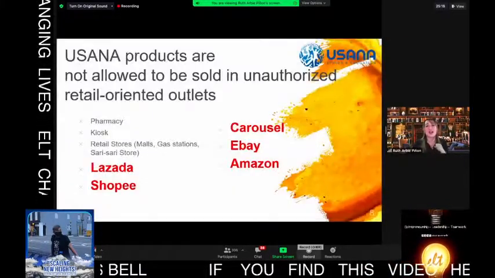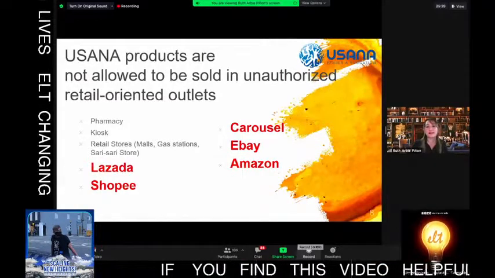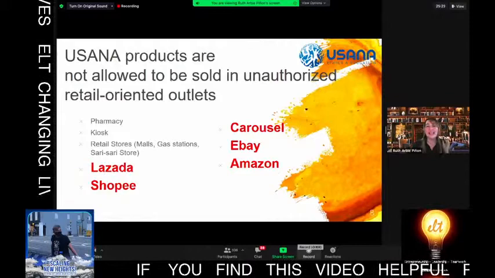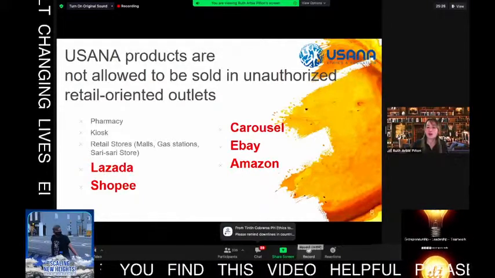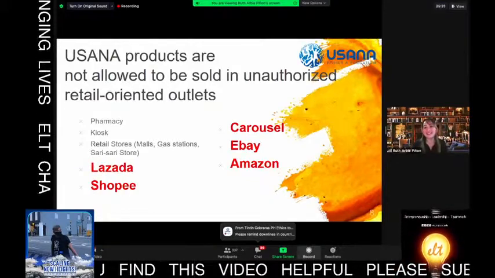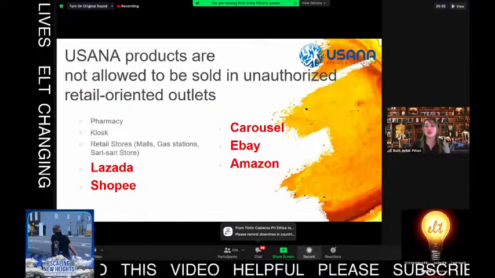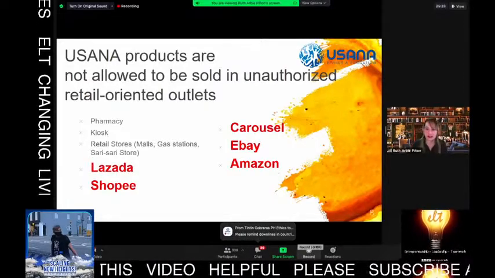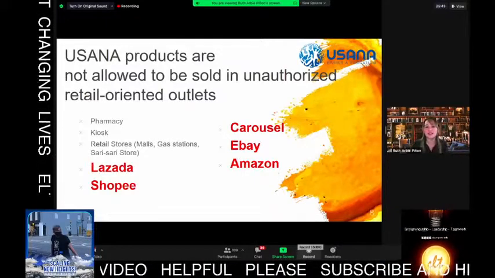Based on our policy on commercial outlets, our products are not to be displayed in any unauthorized retail-oriented outlets, so like pharmacy, kiosks, retail stores, malls, gas station, or even the sari-sari store. These are categorized as retail-oriented outlets. So we are not allowed to display or sell our products here.